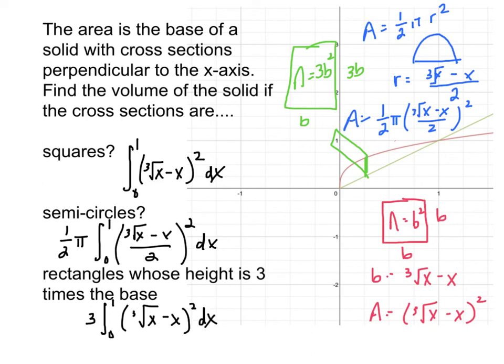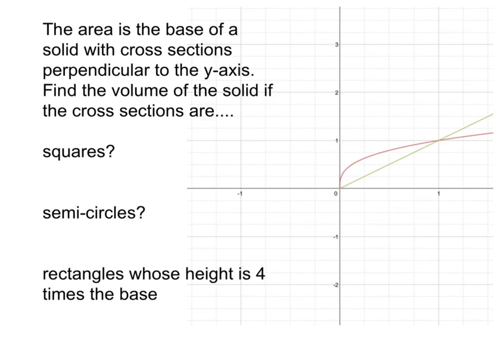And of course, the only thing that could change is what if we were doing cross sections perpendicular to the y-axis. So here they are, same exact problem, but this time with the y-axis. So here, now we're building our squares like this.